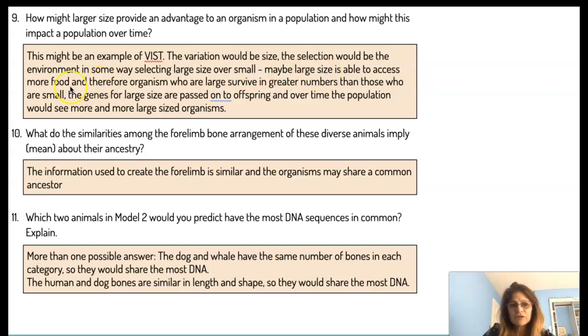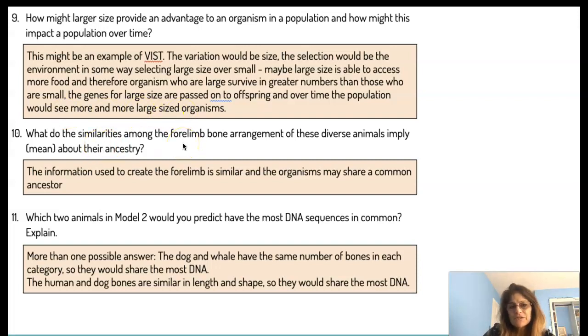Maybe large size is able to get more food, and therefore organisms who are larger survive in greater numbers than those who are smaller. That's just one of many possible explanations. The genes for large size are passed on to the offspring, and over time, the population would evolve, and we would see more large-sized organisms in that population.